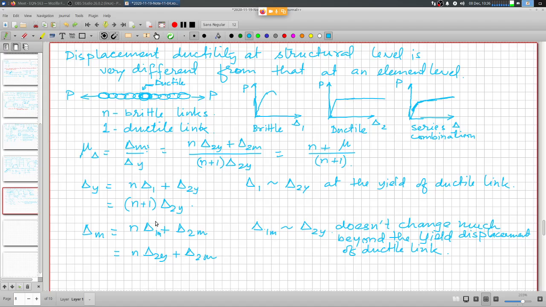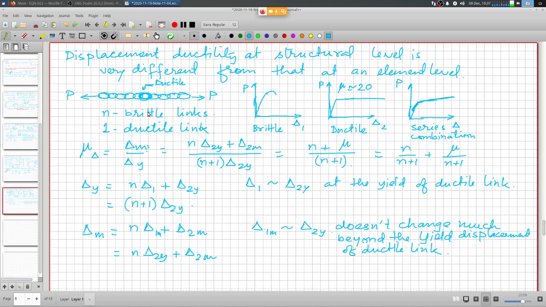Right? So what does it mean? So this is n by n plus 1 plus mu by n plus 1. If the individual element is very highly ductile, what I am trying to bring out in this calculation is, even if this is a very highly ductile material, let's say displacement ductility mu of the order of, let's say, 20, right?